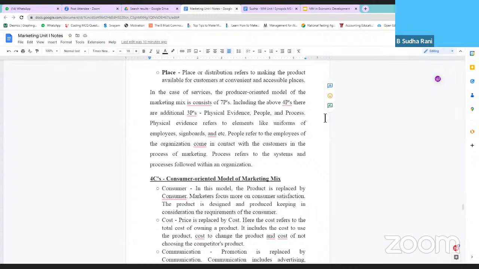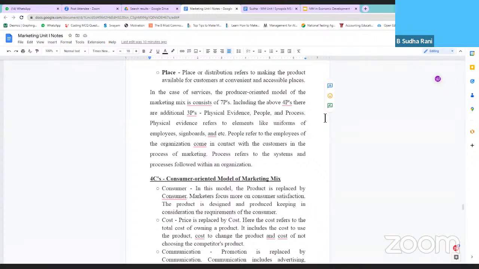So training is required because the employees who are involved directly with the customers need to be given training. That is another important element to be considered. The next is people. Physical evidence includes elements like uniforms of employees and signboards. People and physical evidence are combined here.